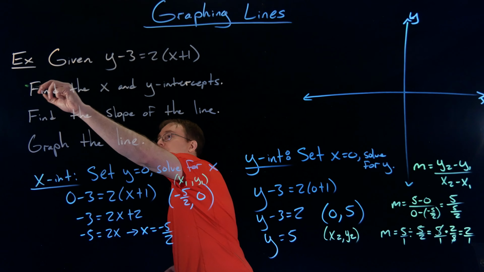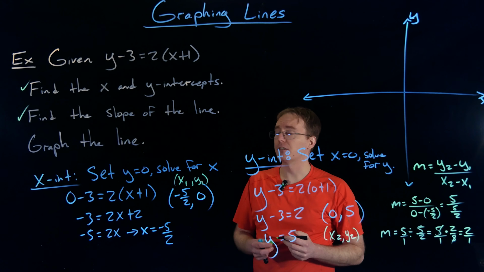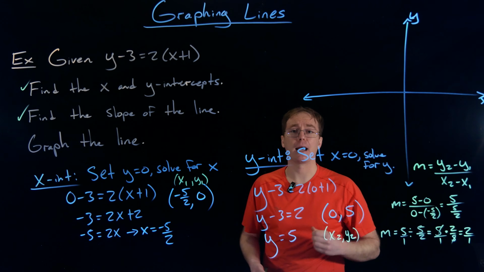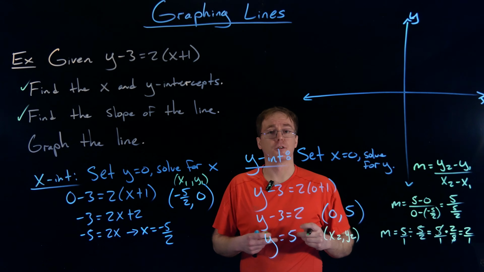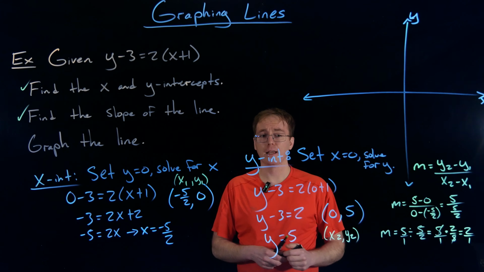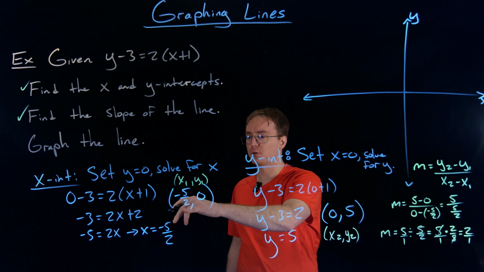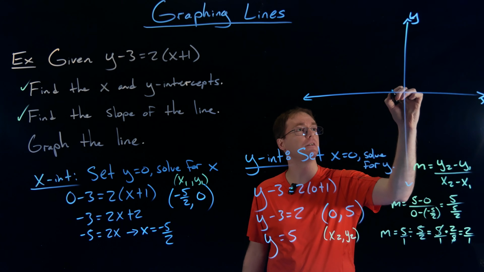All right, so we have found the x-intercept, we found the y-intercept, and we have found the slope of our line. Now let's go ahead and finish this example off by graphing our line. So the quickest and easiest way to graph our line is just to graph these points that were given to us. And so let's go ahead and add some scale to our axes here. It looks like we need to go to about -3 in the x direction.